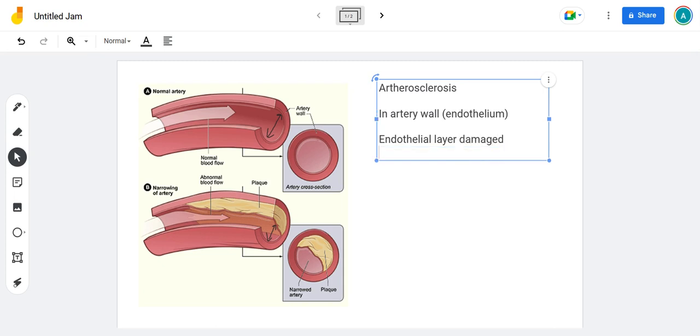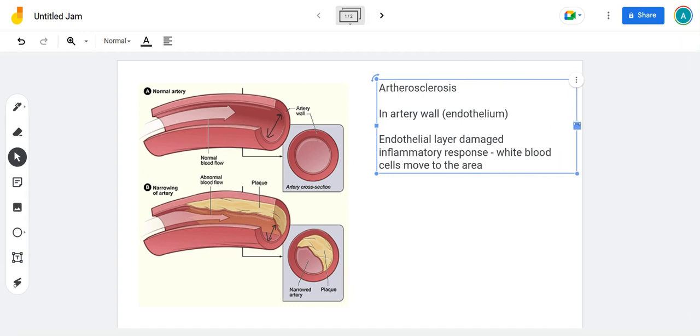What then happens is you get some kind of inflammatory response. What that means is that white blood cells move to the area. Once you've got lots of white blood cells in the area, it leads to the formation of a plaque.